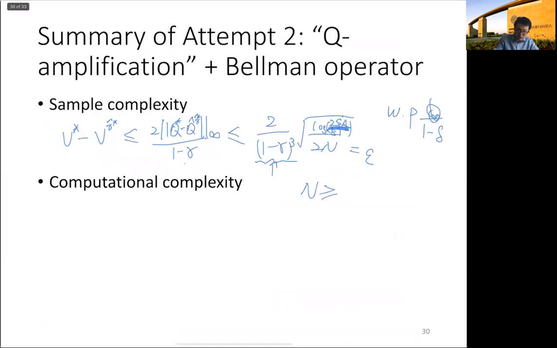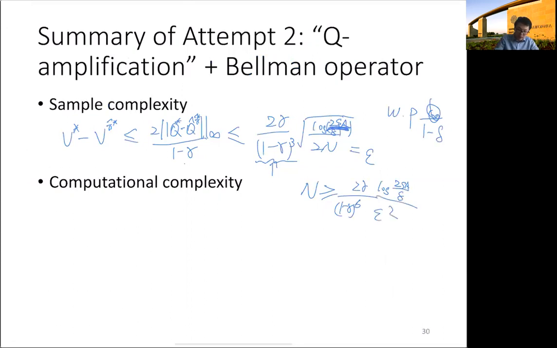It suffices for n to be larger than 2 over 1 minus gamma to the 6. Yeah, I think maybe I'm missing 1 gamma on top. Log 2SA over delta epsilon square, right?